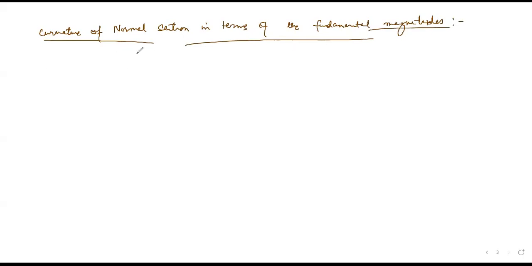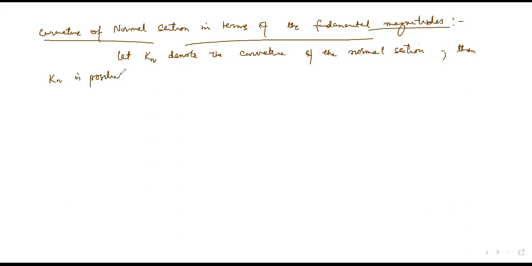So let's start: let Kn, K sub n, denote the curvature of the normal section. Then Kn of course is always positive. Curvature, by definition, is the modulus of something, therefore it is positive.